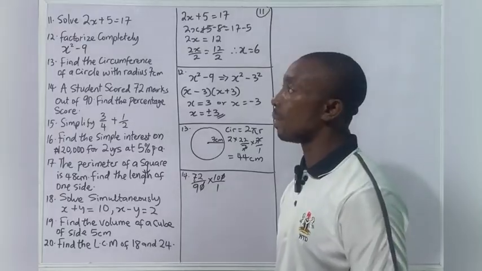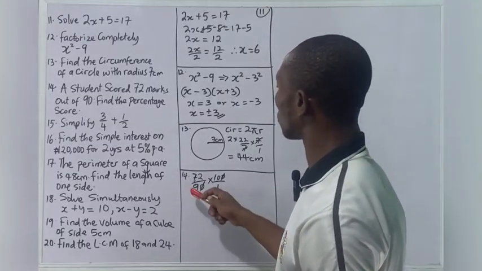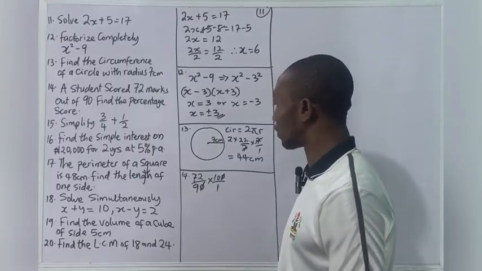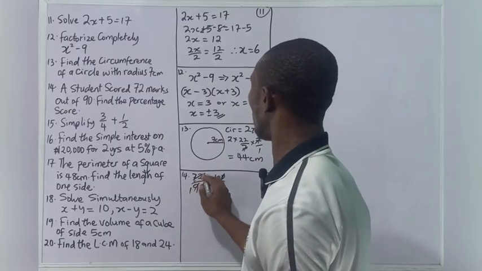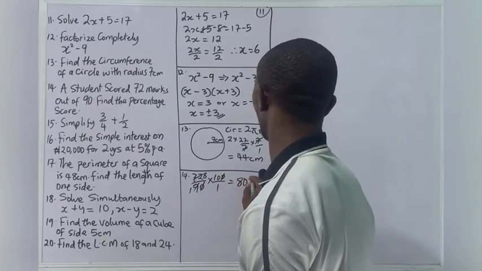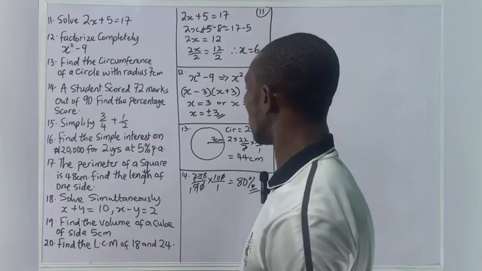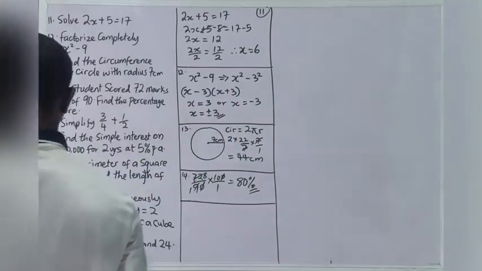Now, how many times will 9 go into 72? That gives us 8. So 8 times 10 gives us 80%. So the student scored 80% in that exam.